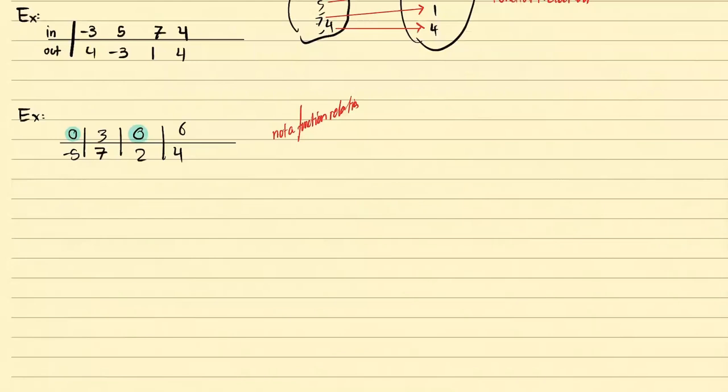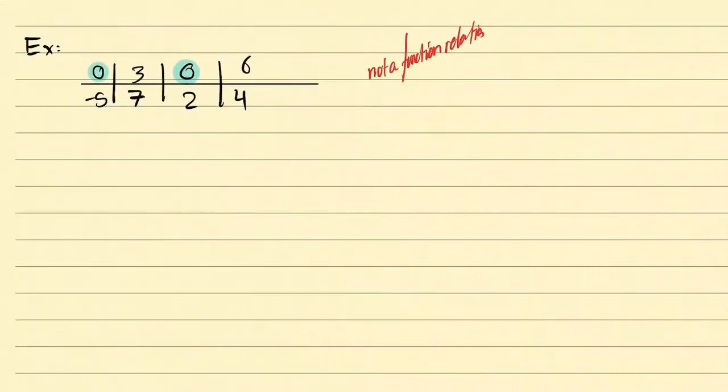So instead of, actually, I need to introduce this verbiage now. So I'm going to say definition. The domain is the set of all possible inputs.